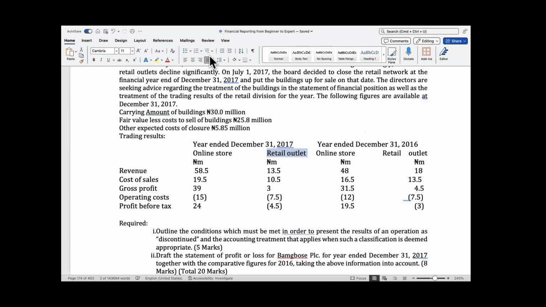So it really has very little impact. The major issue here is this: when you want to discontinue an operation, you need to present its revenue, cost of sales, its performance separately as discontinued operations in P&L, while all its assets, you classify them as held for sale.